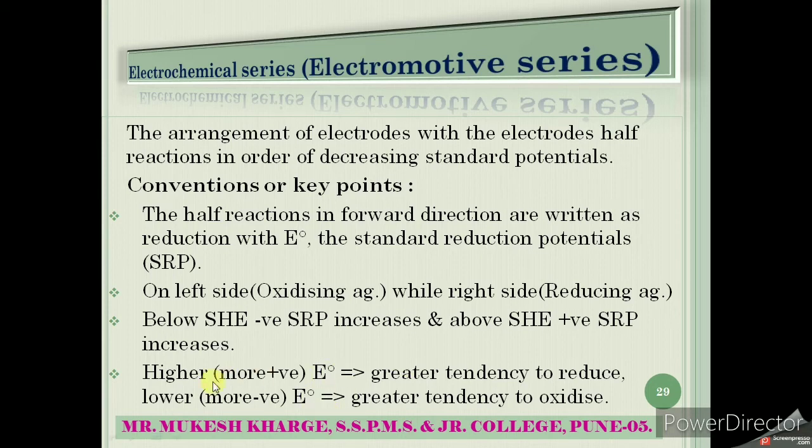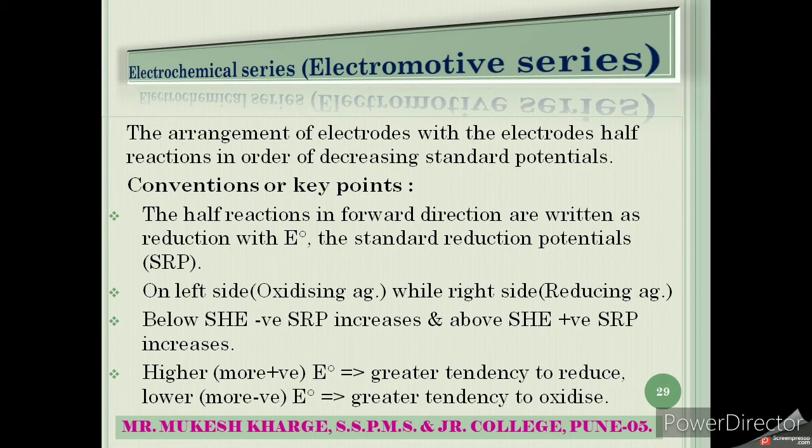Then a higher or more positive E0 value indicates a greater tendency to reduce, while a lower or more negative E0 or SRP, meaning standard reduction potential, indicates a greater tendency to oxidize.